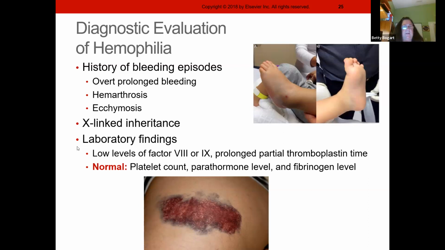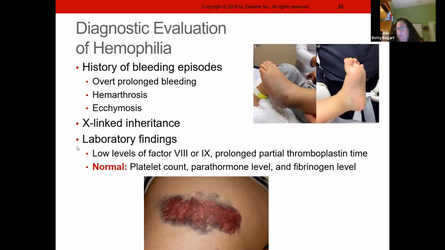So I said it's X-linked. So what do we see in hemophilia? Well, getting factors back takes a week, so you're not going to have that information right away. Is it factor 8, factor 9? You're not going to see that. So what are those simple lab tests that you'll see? Well, the partial thromboplastin time, the PTT, is going to be prolonged.